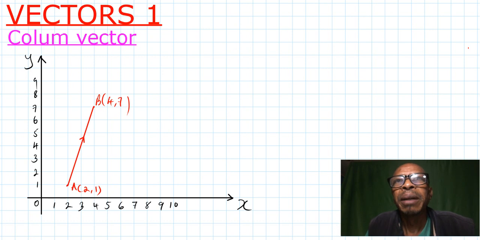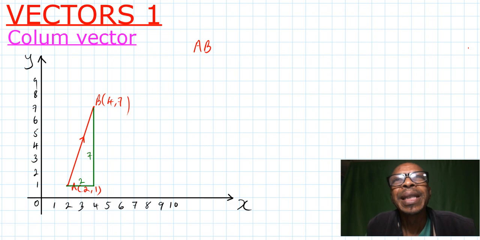What is our column vector AB? What is going to help us are the components. What are the components? You can see in A, x has changed from 2 to 4. So you can say, if we draw a component here, that to mean A has changed from 2 to 4. So how many units do we have here? We have 2. Then if you look at the y, it has moved from 1 all the way to 7. So if we draw a component there, then we have this is 7.